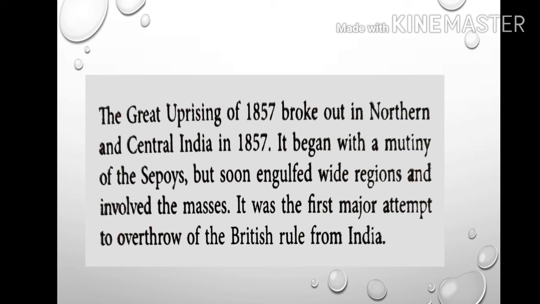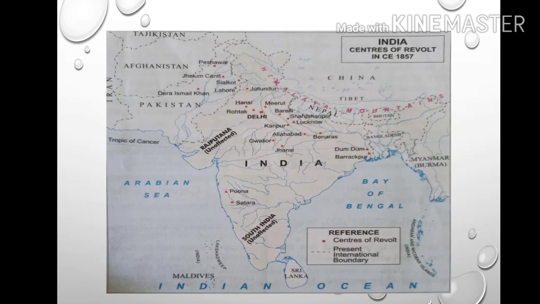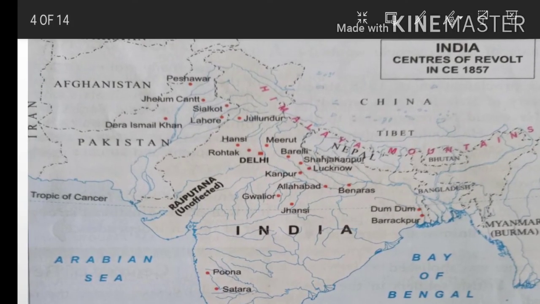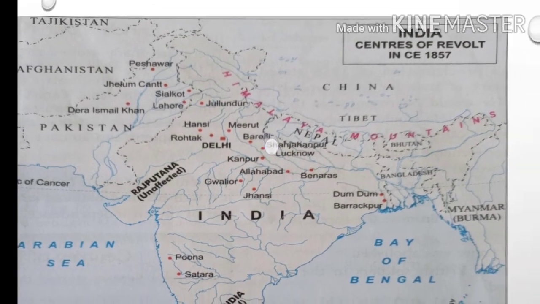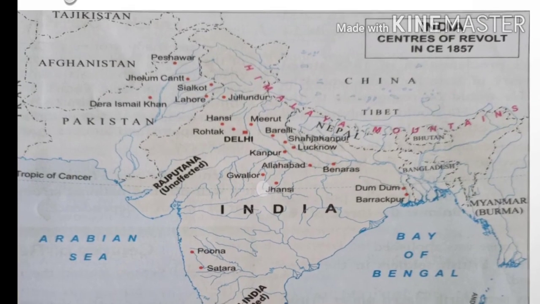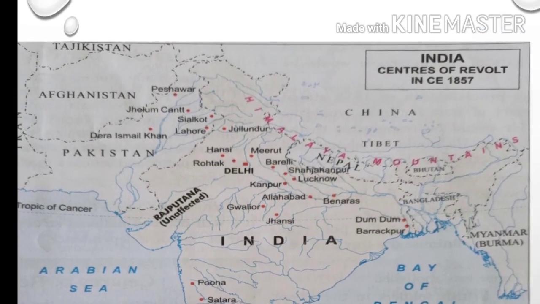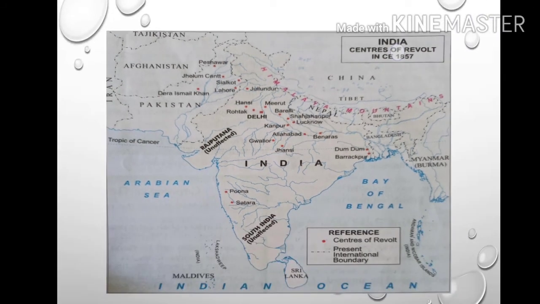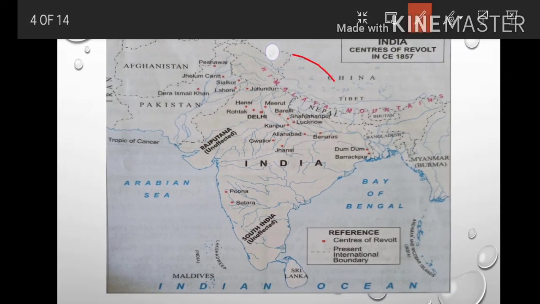Wait, let me show you here. So you can see around this northern area and the central area of the country of India, here the revolt broke out. All this area, right?